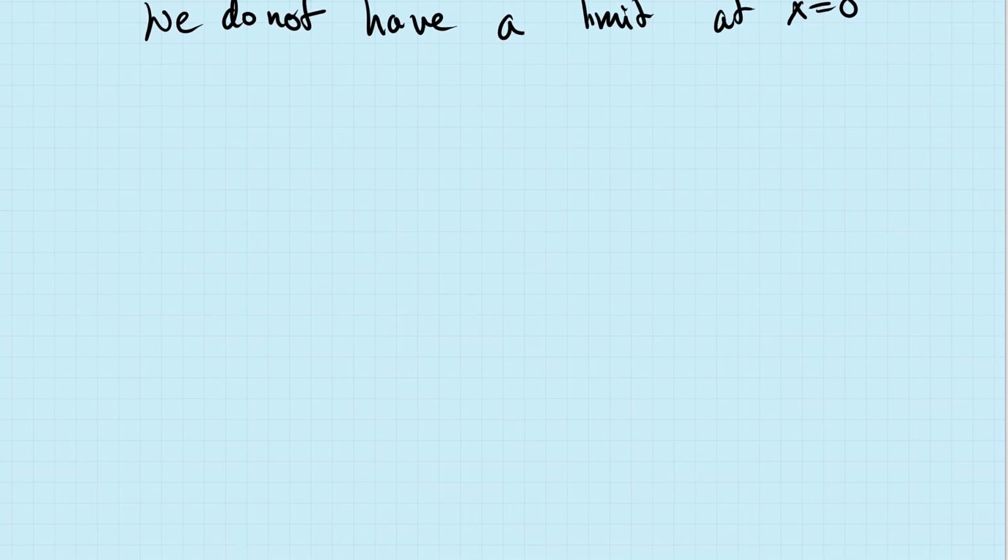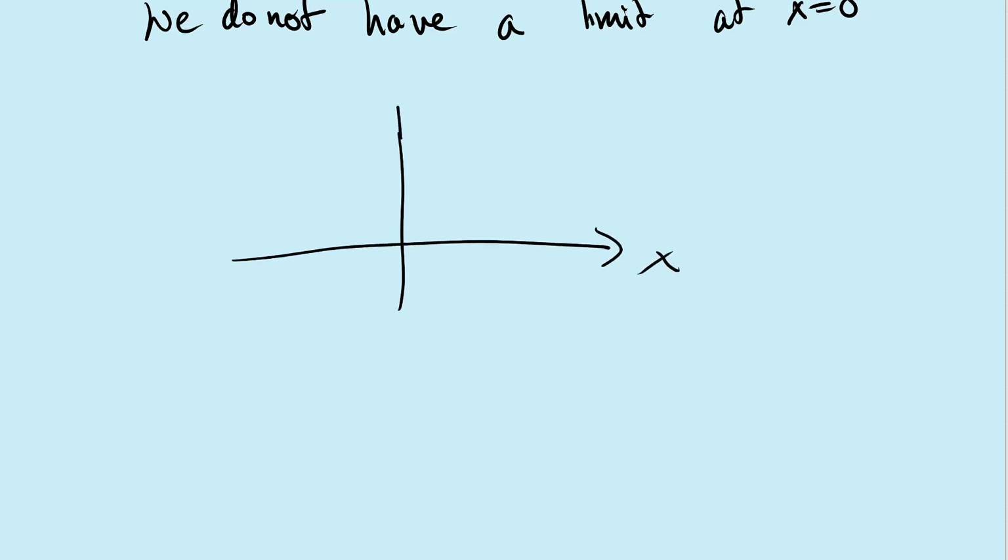If we want to draw this function now, if we go to large x's, we have the absolute value of x divided by x, which is equal to x over x when x is larger than 0, which is just equal to 1. So we have just 1 right here, but not at 0.